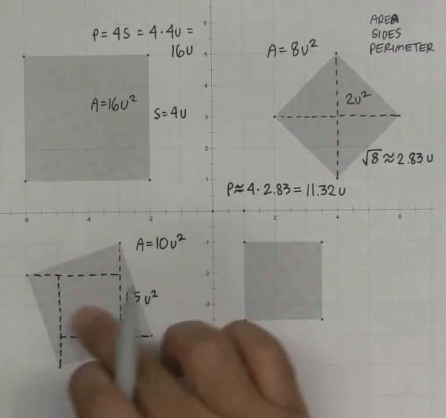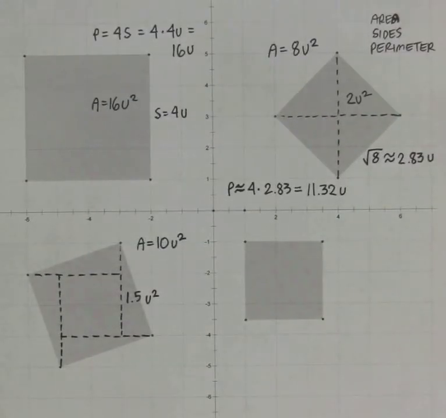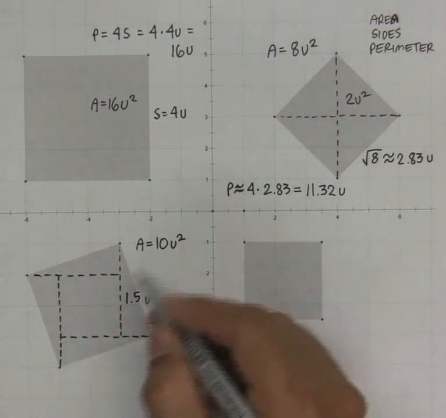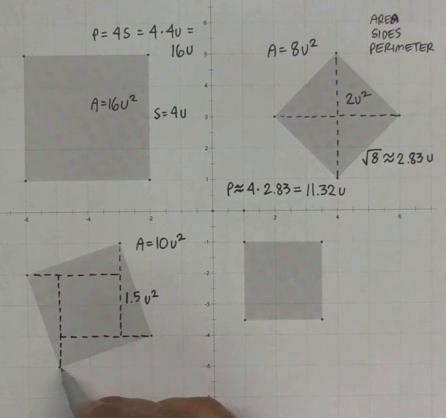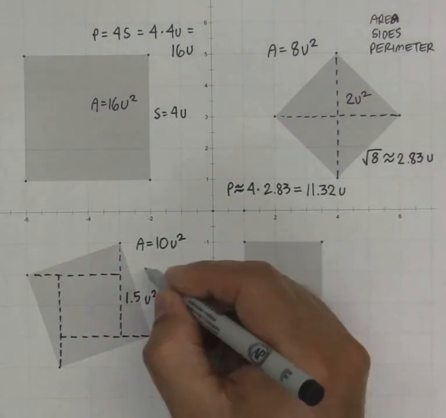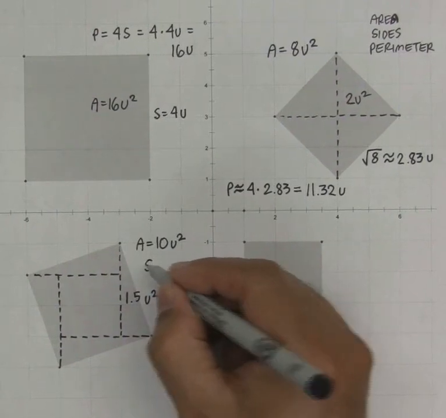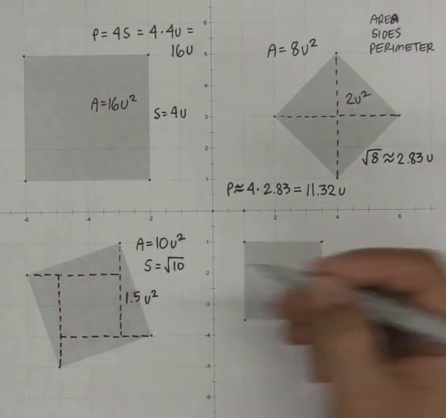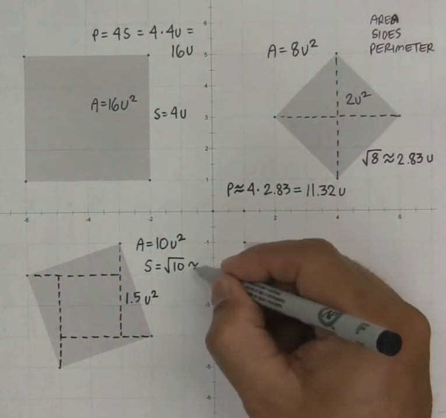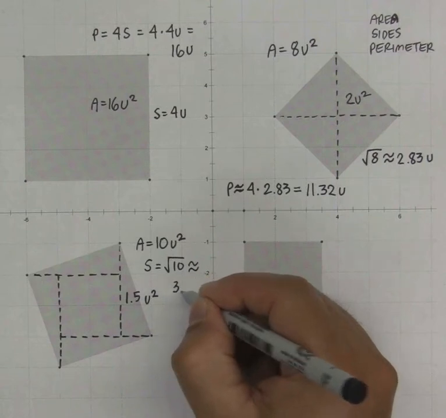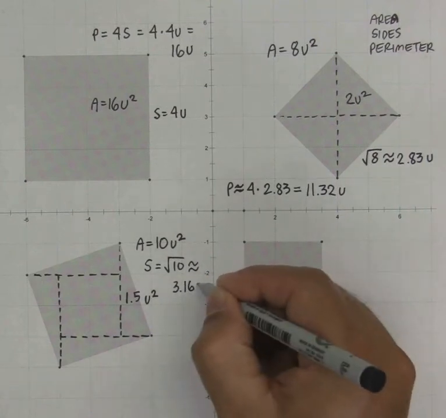3, 6, and 4, 10. From that, since the area of this is 10, that means that the size of one of the sides is the square root of 10. So the sides of this square are the square root of 10, which is approximately 3.16 units.